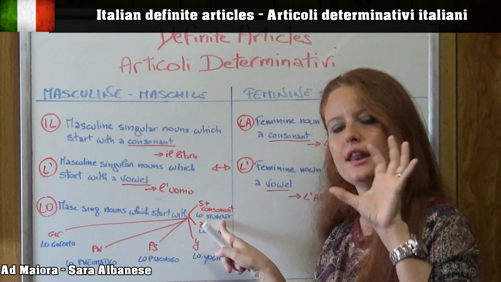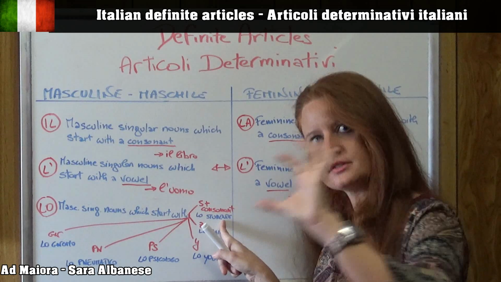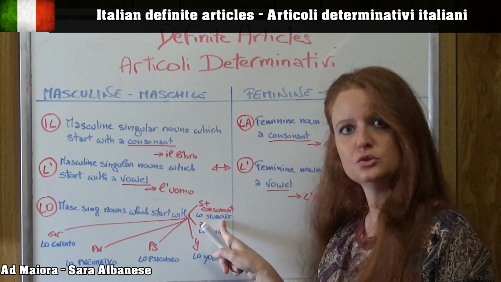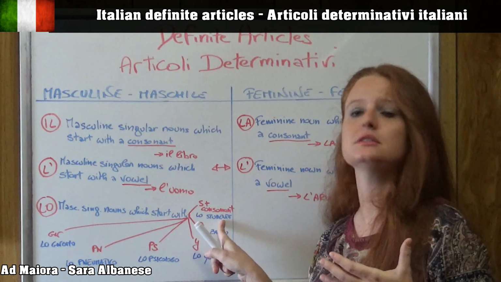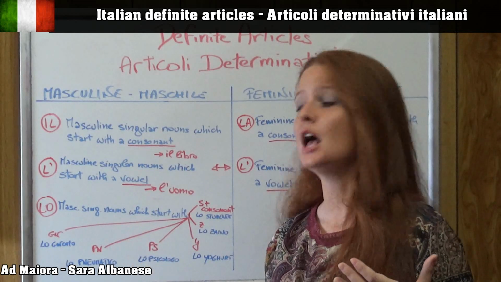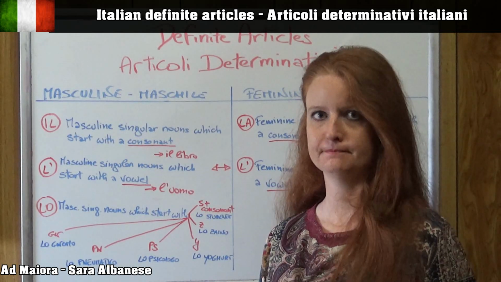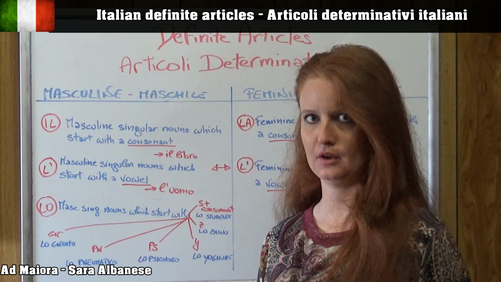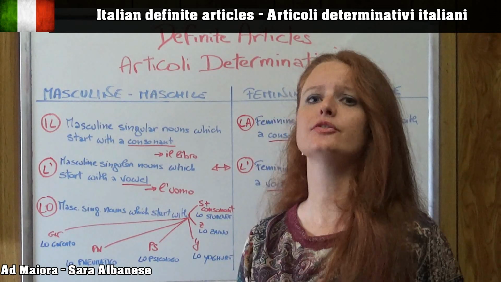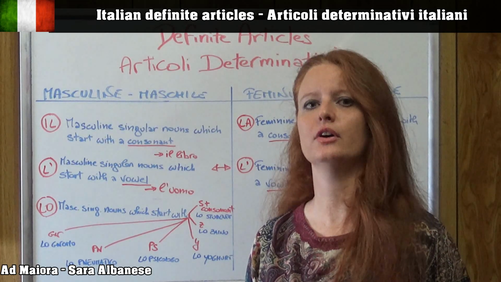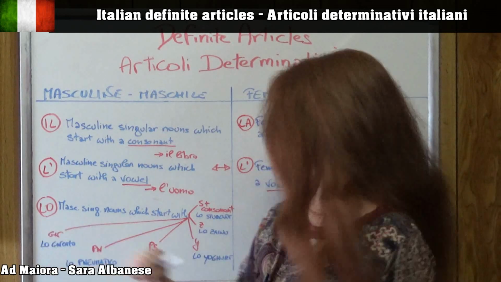You have an S and then a T, S-T, so S plus consonant. In Italian it's almost the same word, studente. It isn't il studente, it is lo studente. So when we have an S and immediately after the S a consonant, we use lo.